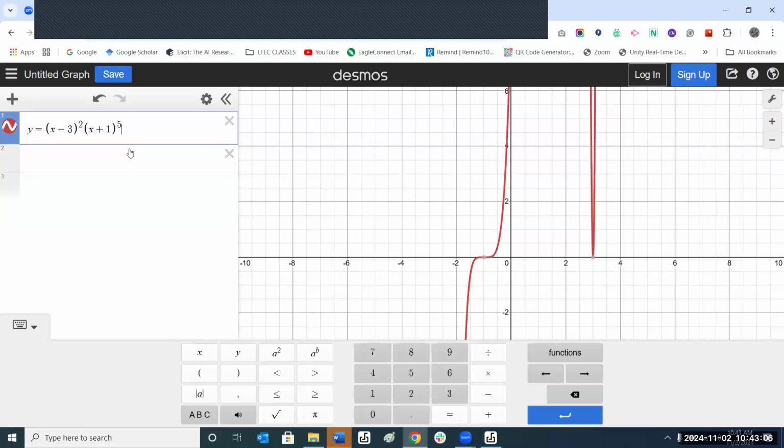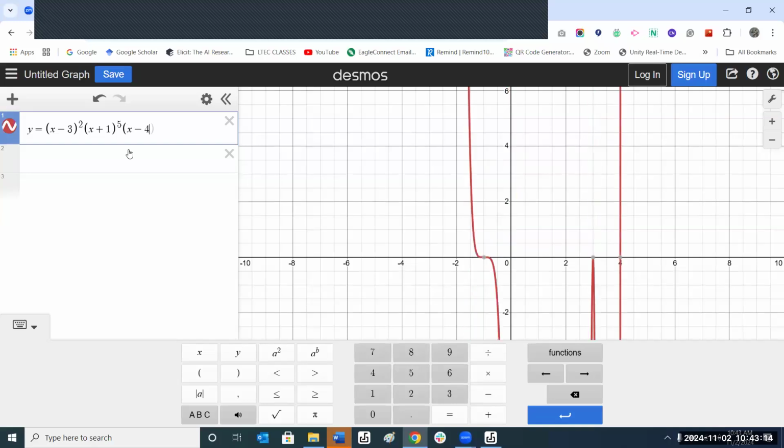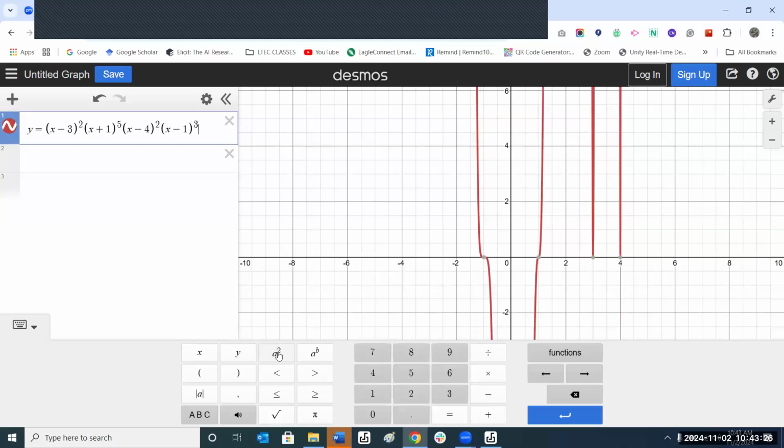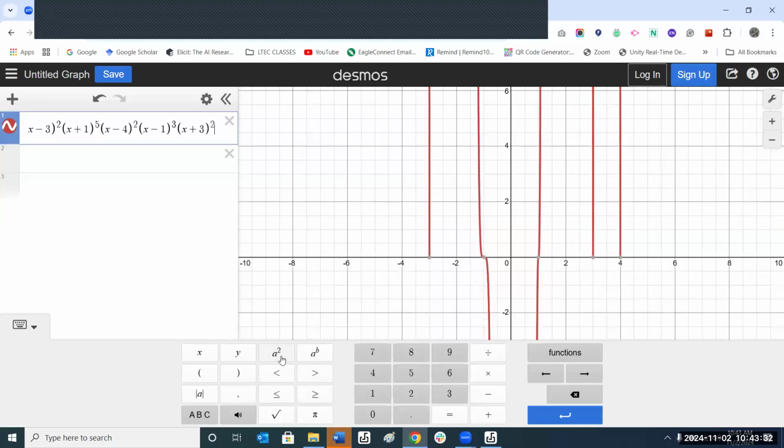Oops, wrong one. So (x minus 4) squared, (x minus 1) to the third, and then (x plus 3) to the fourth.